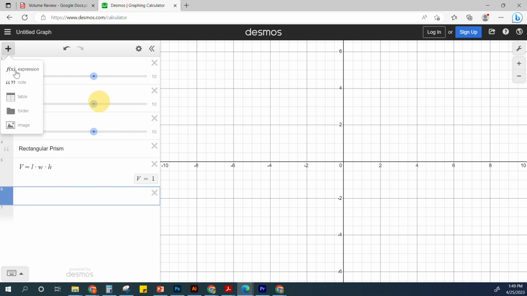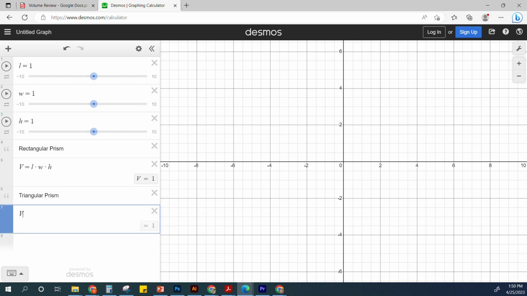Then we can type in a note for triangular prism, and we'll type in the formula for that. Volume equals 1/2 times the length times the width times the height.